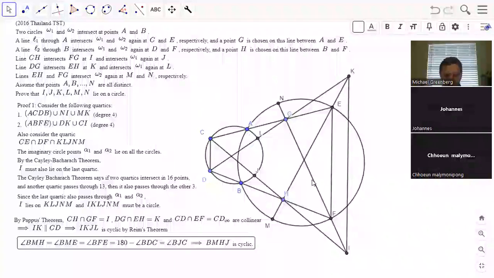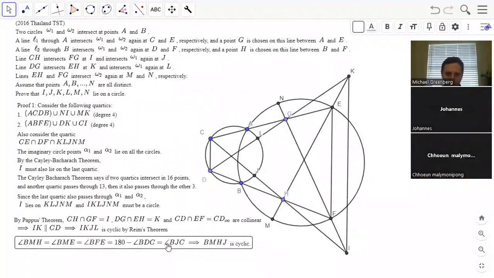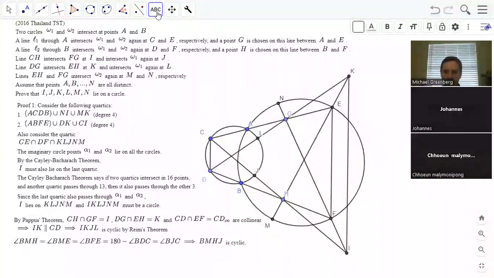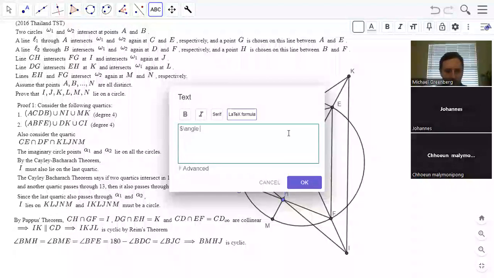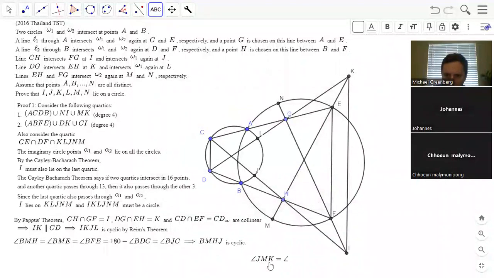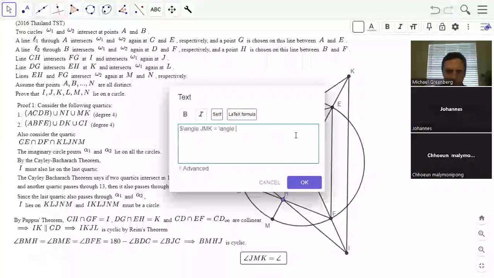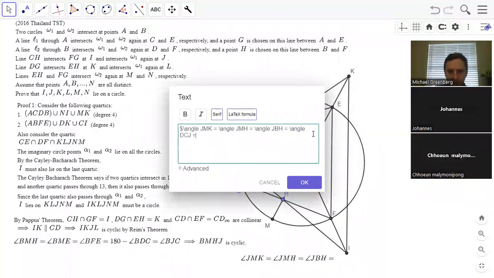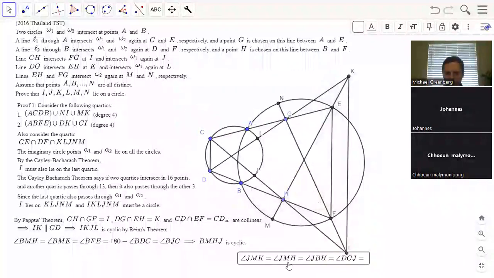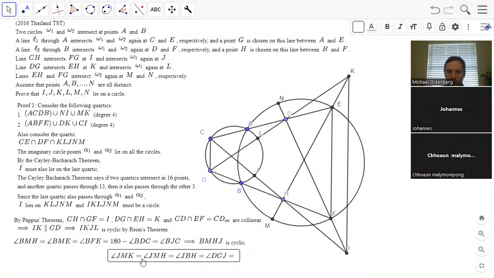And once we know that, then we have angle JME is JMH is JBH, or angle JMK equals angle JMH, which is JBH, which is angle DCJ, which is angle JIK.